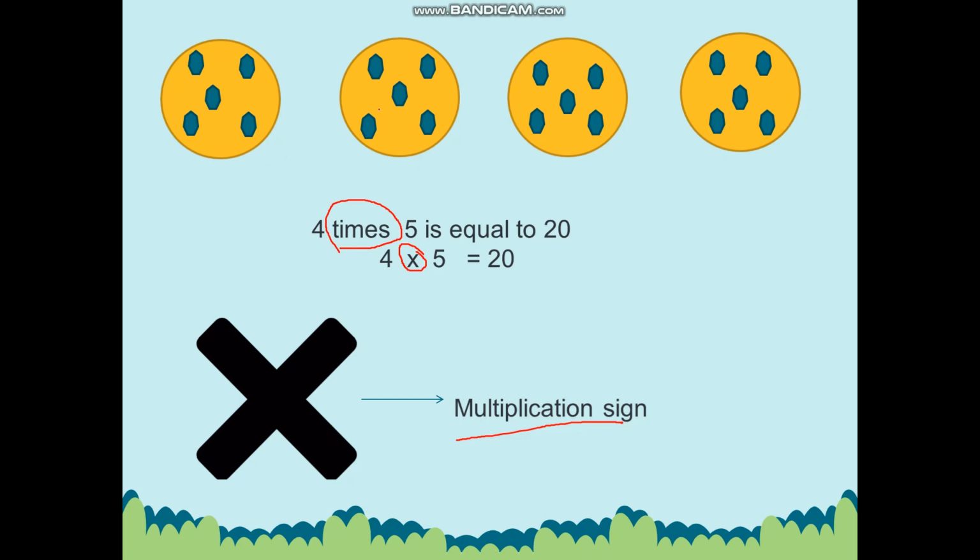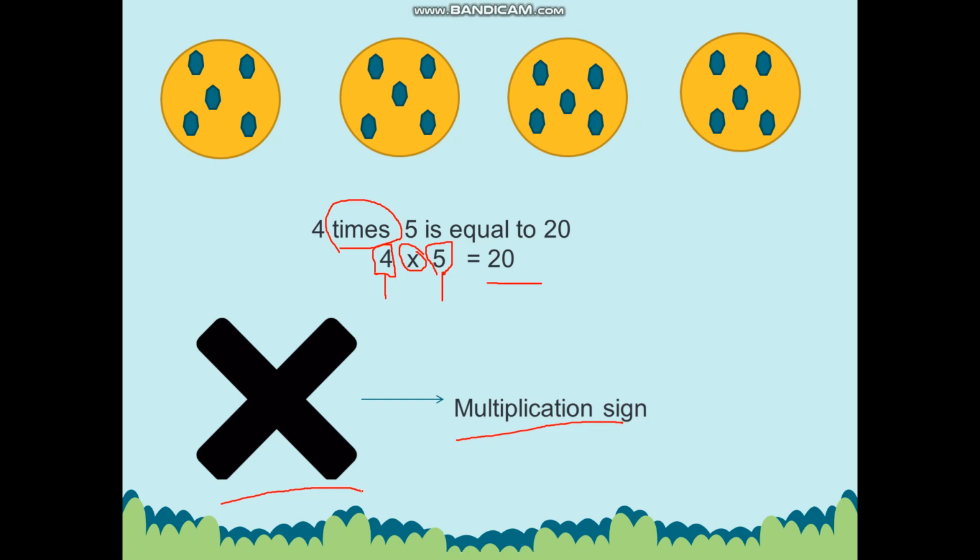We have written the number of groups, and then we have multiplied it with the number of items in each group, and we have got the answer. So this whole process is multiplication and it is represented by a cross sign.